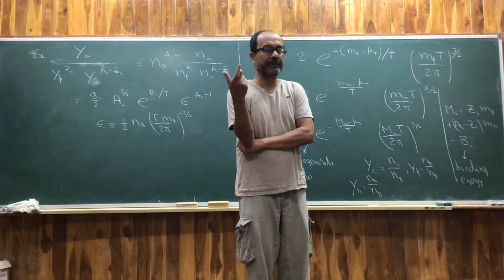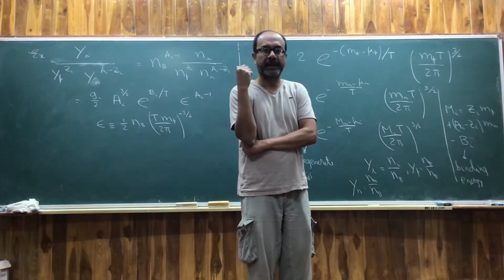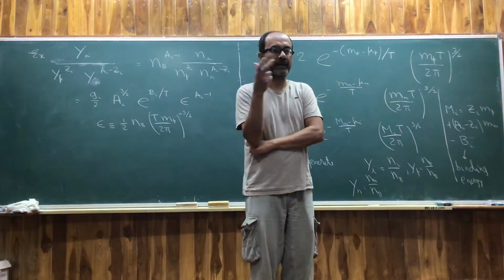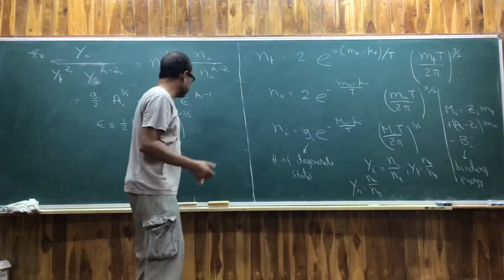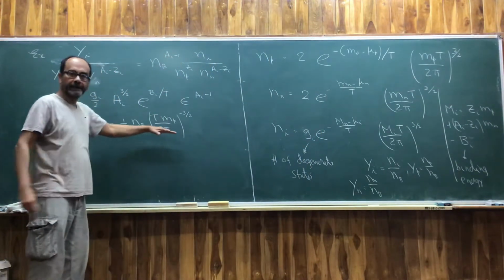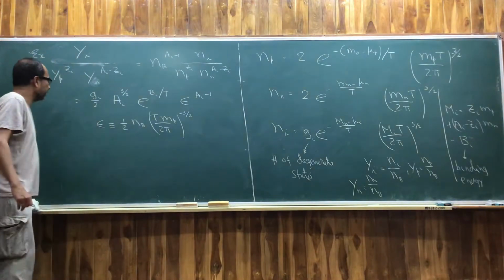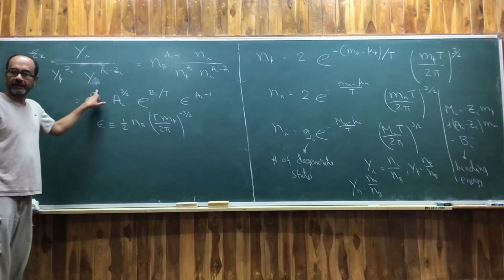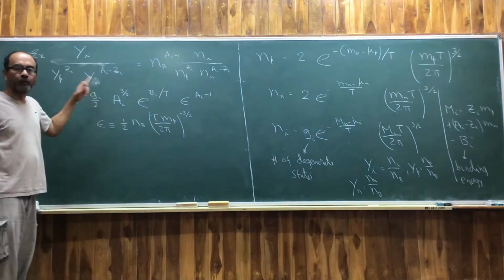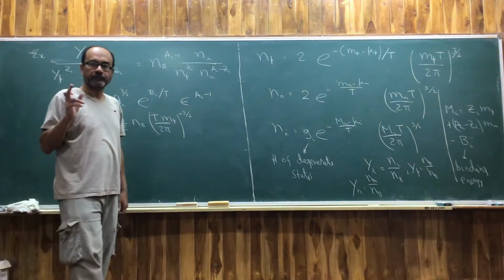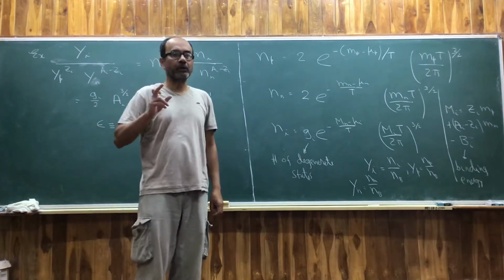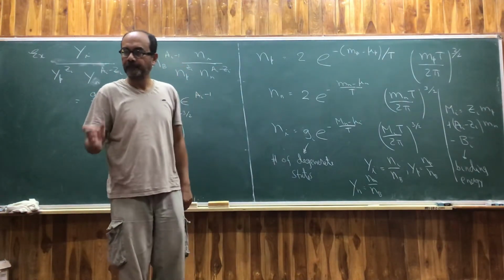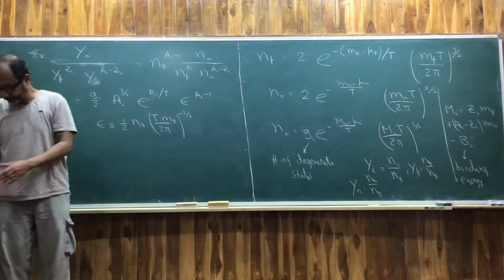So NB will just get scaled by this A over A naught cube factor, which means by the T over T naught cube factor. So once T is given, everything here we know. So you have two unknowns, yp and yn. So you have to find two more equations to determine those. And those are the equations for the total number of neutrons and total number of protons. So what are those?